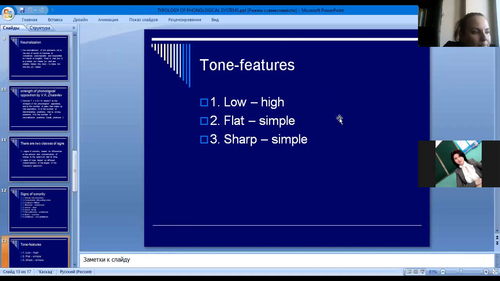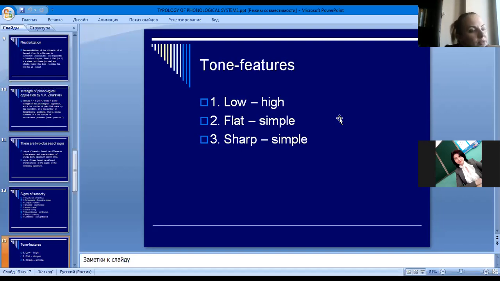So, in articulation, flat phonemes are characterized by velarization, that is the additional rise of the back of the tongue towards the soft palate, which gives the consonants the so-called hardness. Sharp and simple.